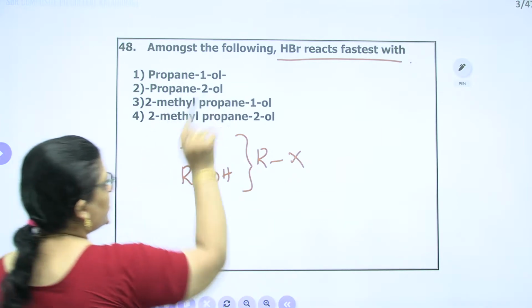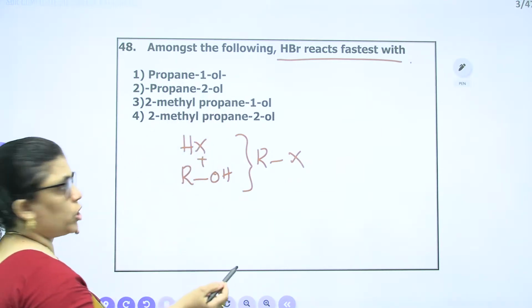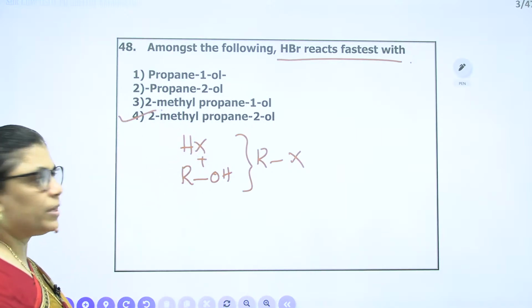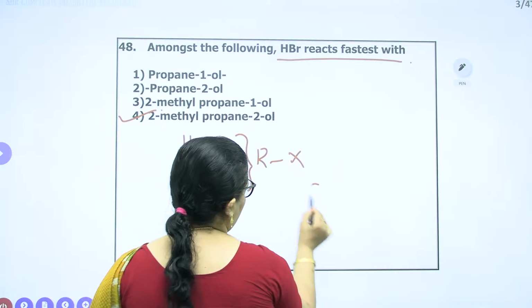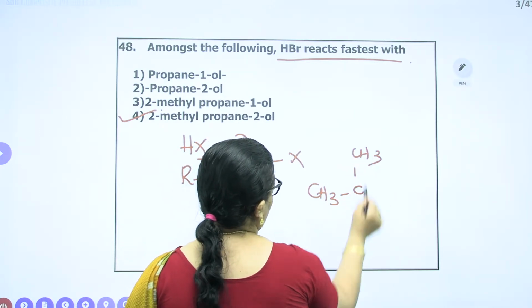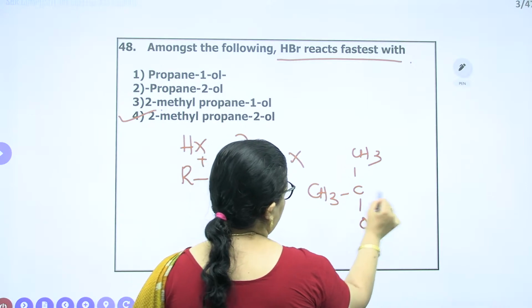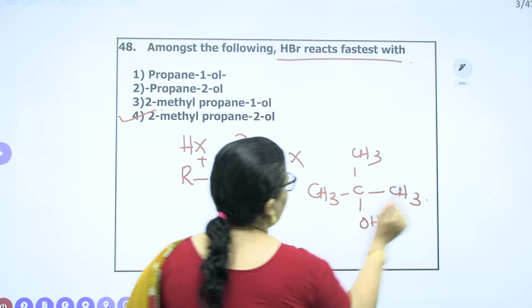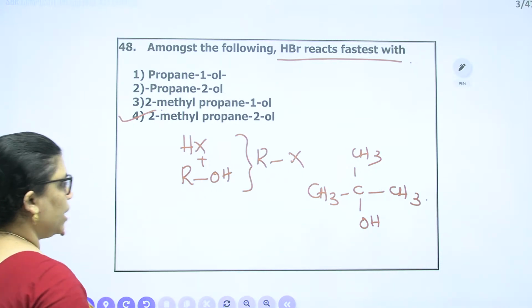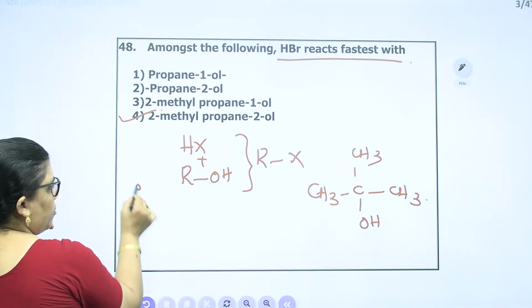Therefore, the fastest reaction is with tertiary. In the tertiary, we get the answer as the fourth one, 2-methylpropan-2-ol, CH3, C, CH3, OH and CH3.